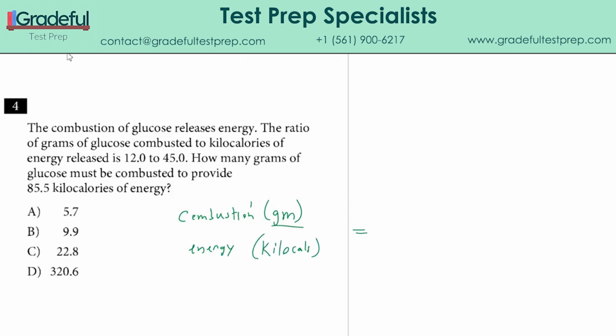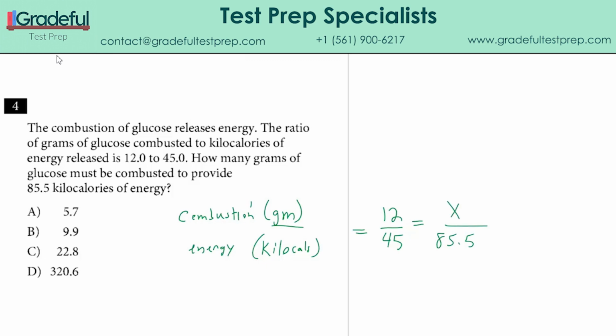So we're seeing that the ratio of grams of glucose combusted to energy is 12 to 45. And then we're being asked about 85.5 kilocalories. And we're being asked how many grams.